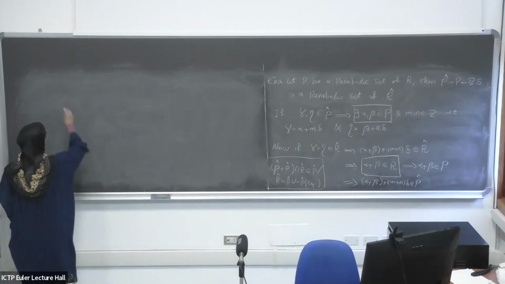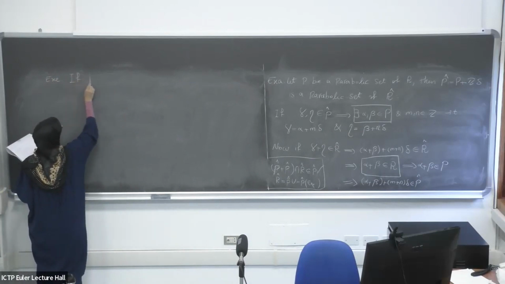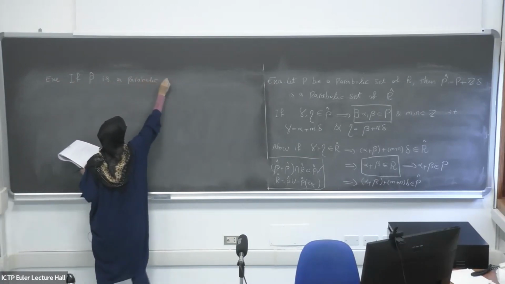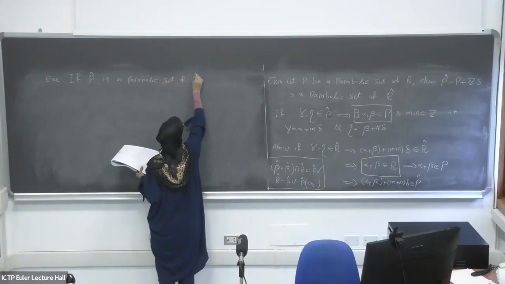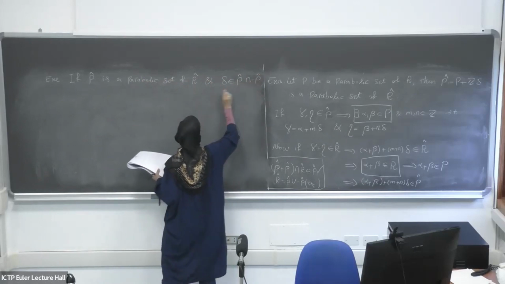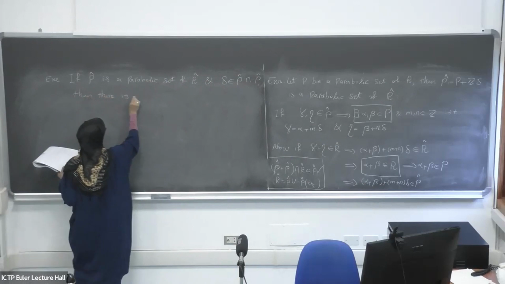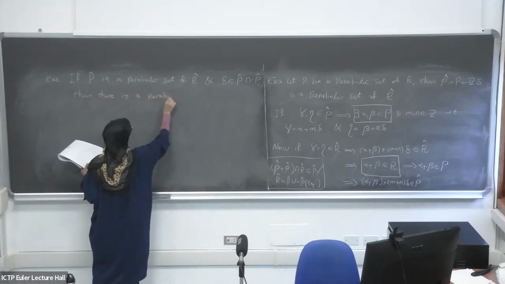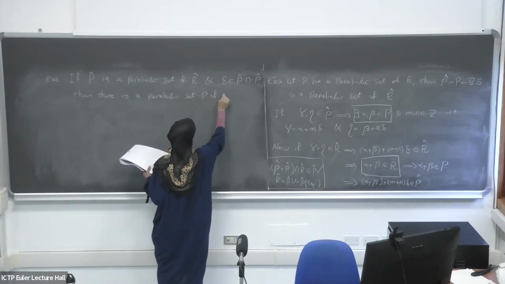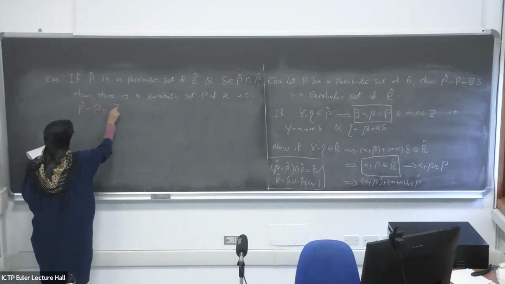And you can show that if P hat is a parabolic set of R hat and delta is an element of P hat intersection minus P hat, then there is a parabolic set P of R such that P hat equals P plus Z delta.